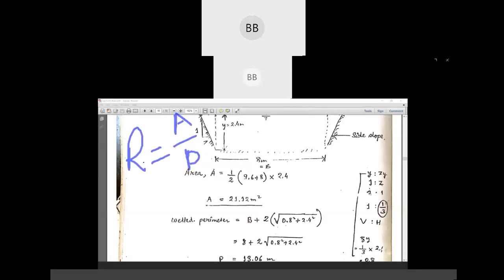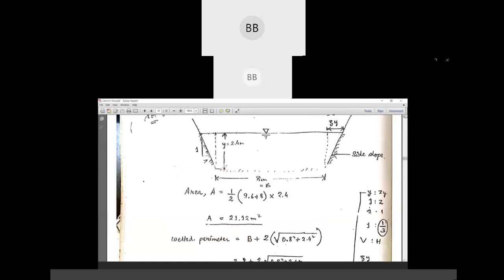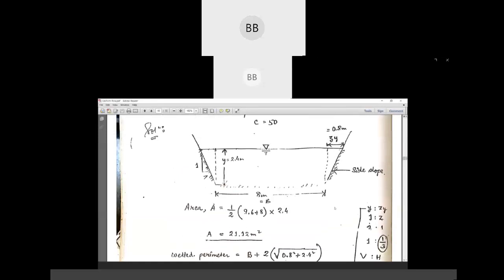Now we need to find out the wetted perimeter. When you are going to find out the wetted perimeter for a trapezoidal channel, you have to consider this side, then the bottom width of the channel, and then again this side.